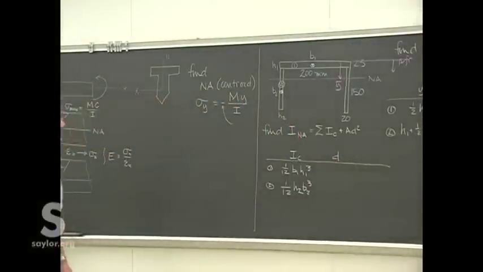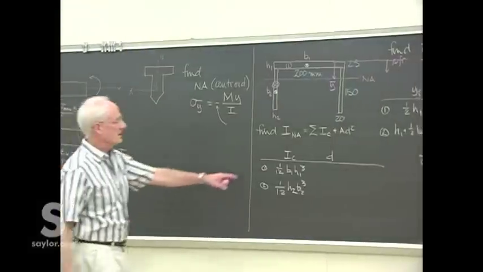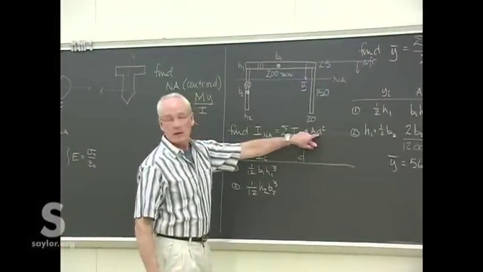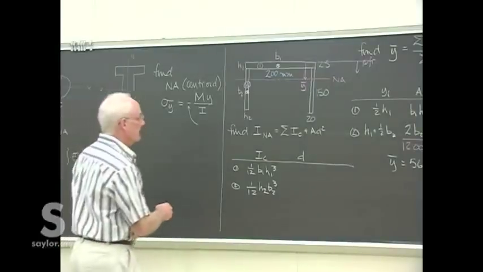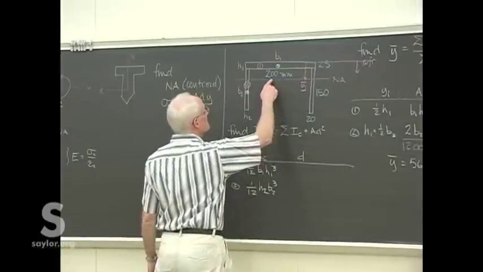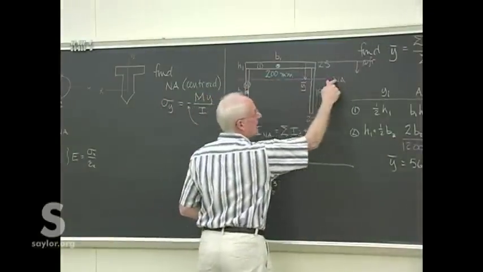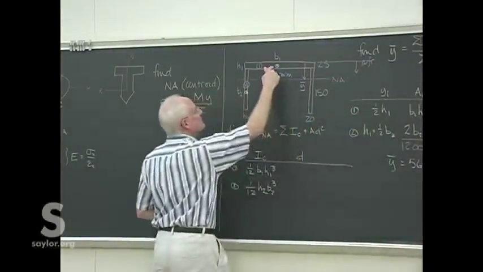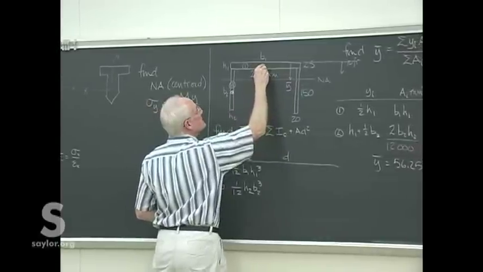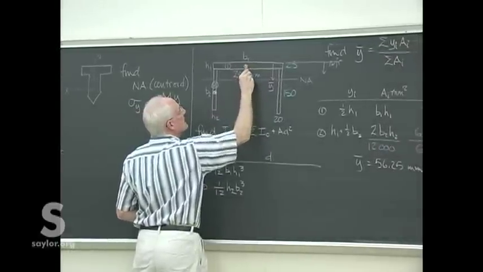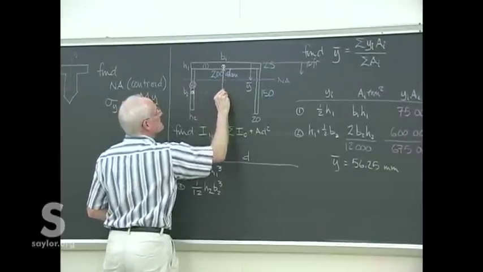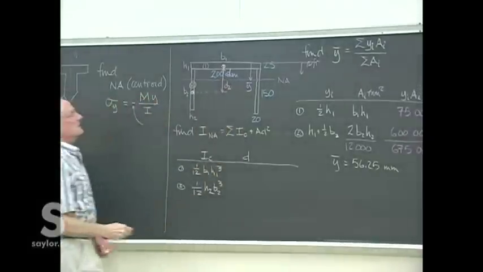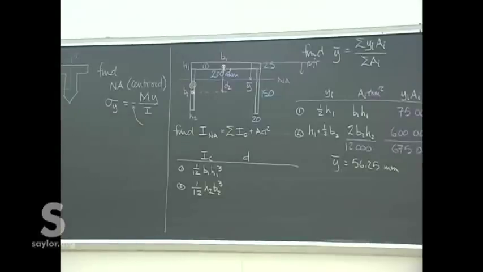For each one of those, we need to figure out what d is, because that's part of the parallel axis theorem, the A d squared. So in this case, I'll just write down the numbers. You can double check where they get them. Remember, this is the distance from the neutral axis that we just placed to the centroid of each piece. So that distance there is d1. This distance here is d2, as measured from the neutral axis.